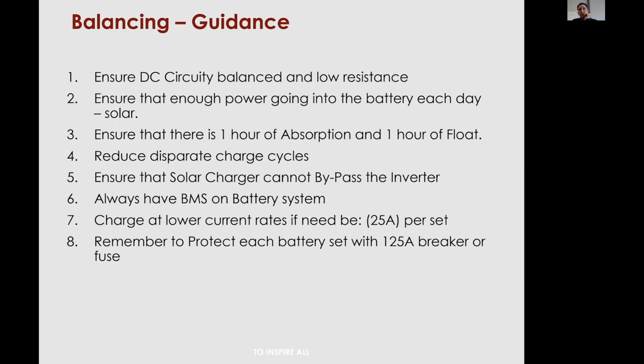When you have enough power, you will ensure that enough time is spent in both the absorption and float parts of the charge cycle. If you get an hour of each, then you know that your BMS, your voltage bus on the inverter, and your BMV, if you have all of those, will all sync up, and they all will be correct.